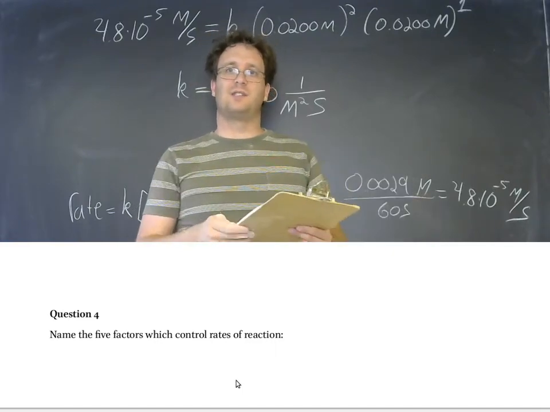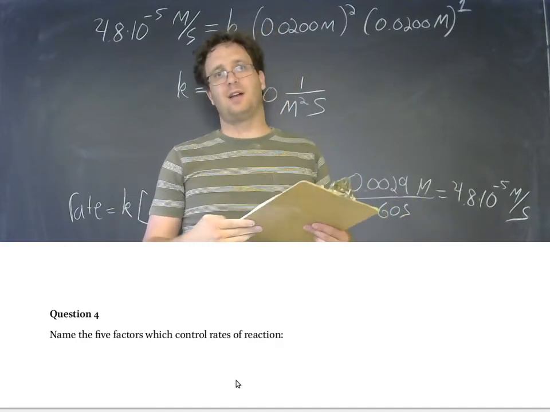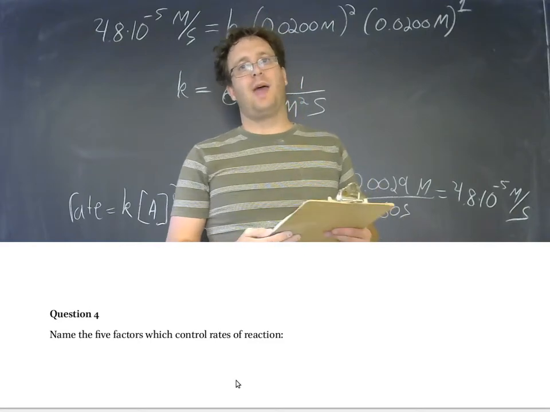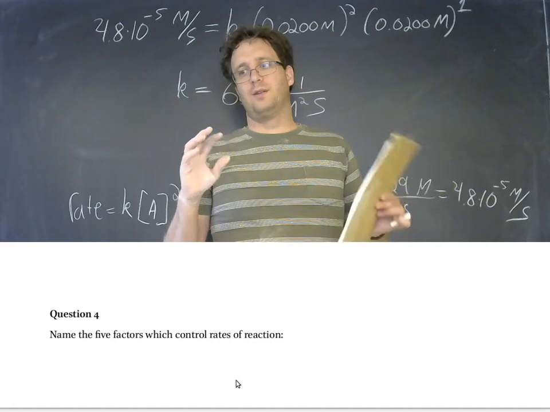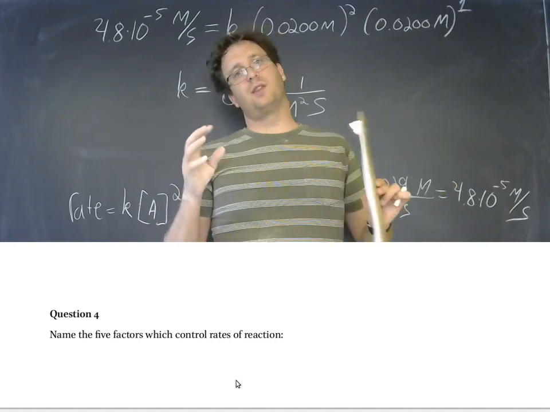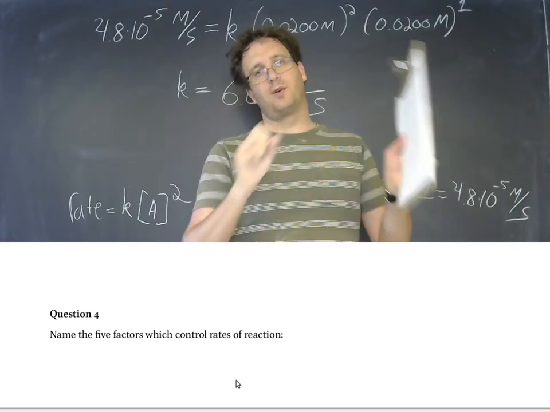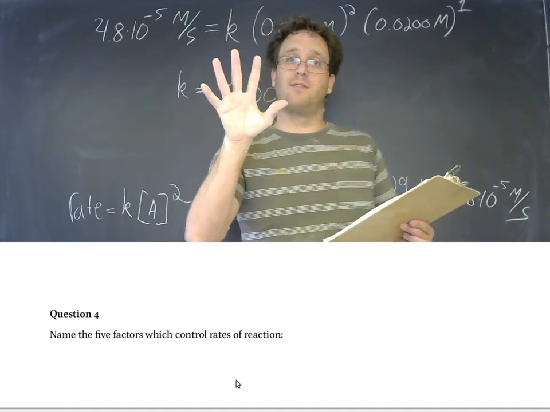So these are things we haven't really covered in detail yet. It has to do with the energy required to initiate the reaction and the orientation that the reaction partners need to be facing as they collide in order to undergo reaction. And then the fifth one is the presence of a catalyst.